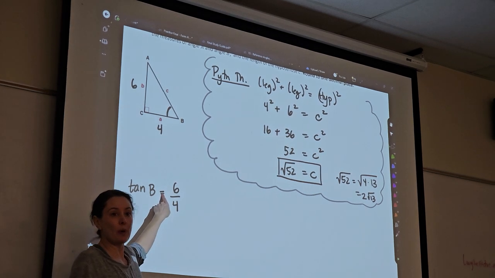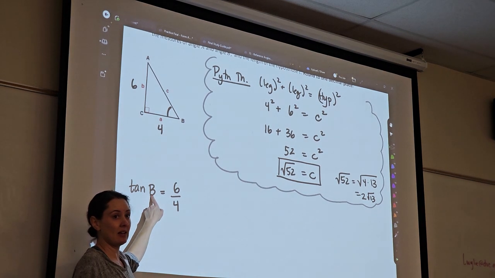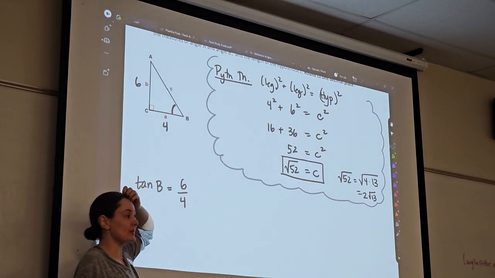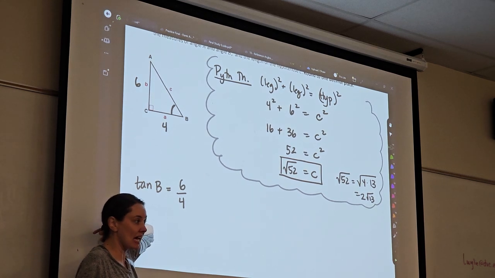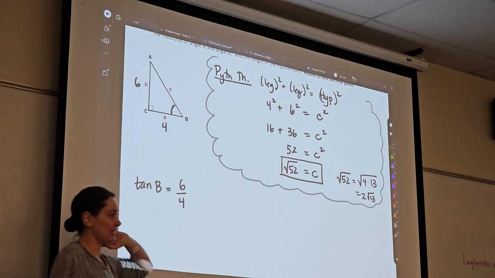Equation, all the power in the world, what is happening to B? Tan is happening to B. What is the opposite of tan? Undo tan. The inverse tangent. Yeah?